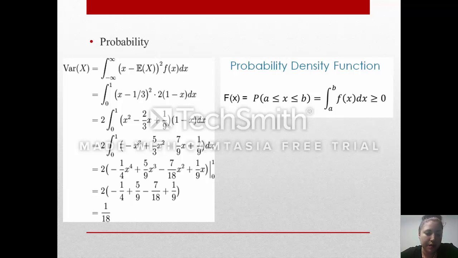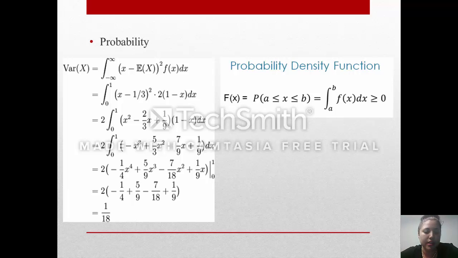If you go through the process of simplification, you'll get down to bringing out your constant of 2. So 2 times the integral from 0 to 1 of negative x cubed plus 5/3 x squared minus 7/9 x plus 1/9 dx. All you have to do is take its antiderivative.